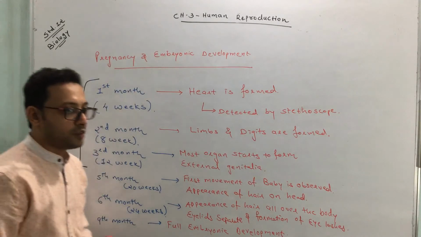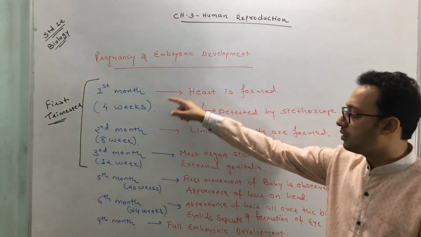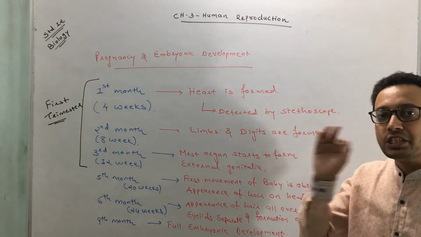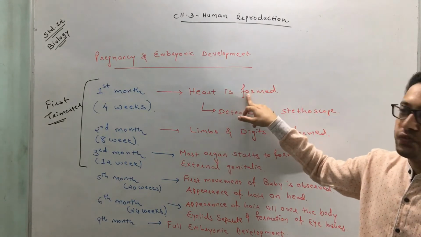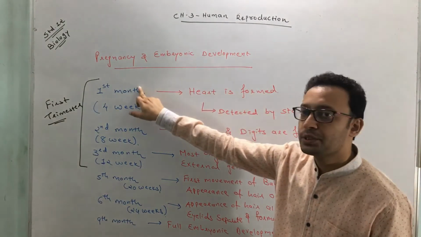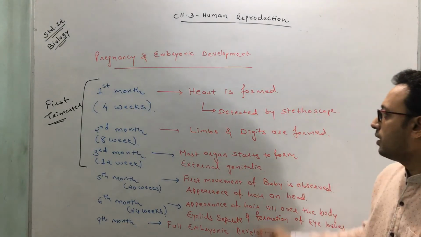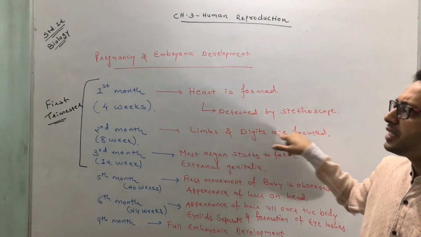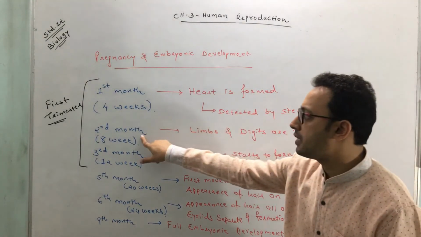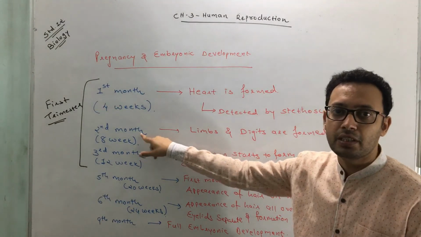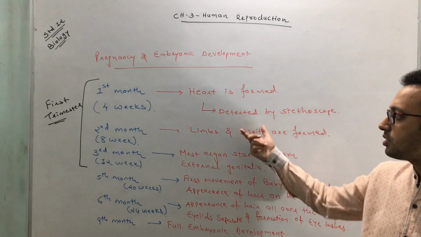So what are the important milestones in embryonic development? Remember this: the heart is formed at the end of the first month or fourth week. Okay, the limbs and digits are formed at the end of the second month or 8th week. When the 8th week finishes, this is formed.